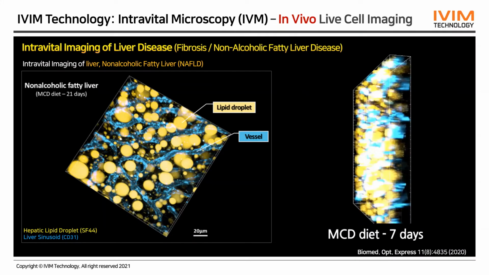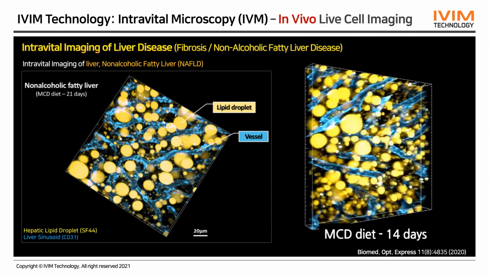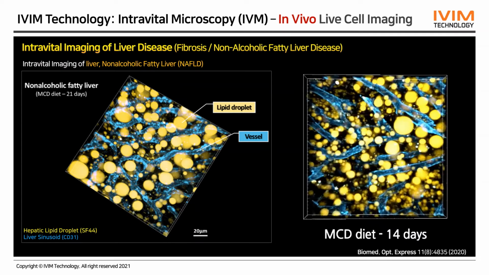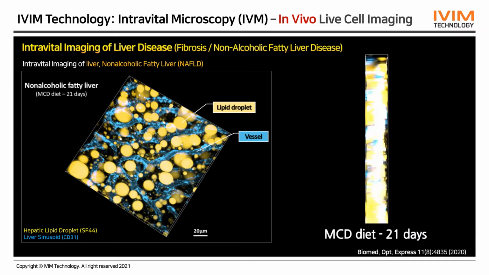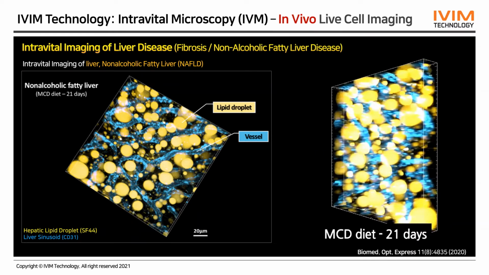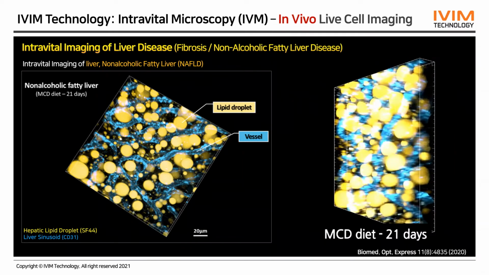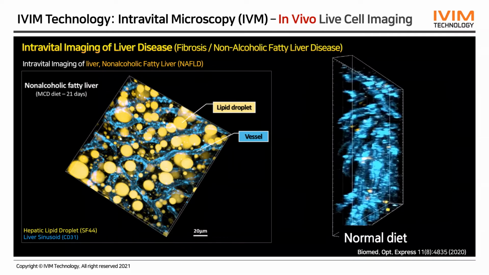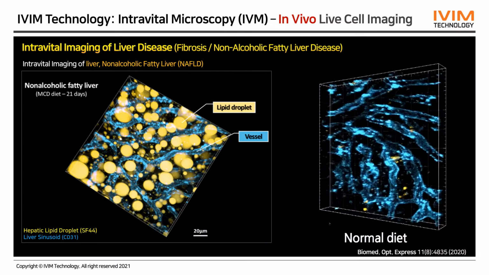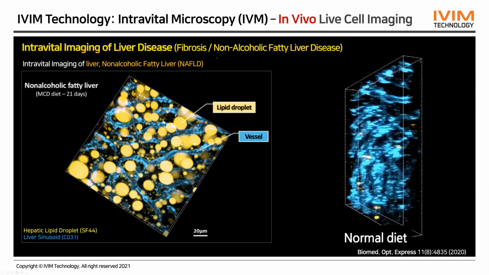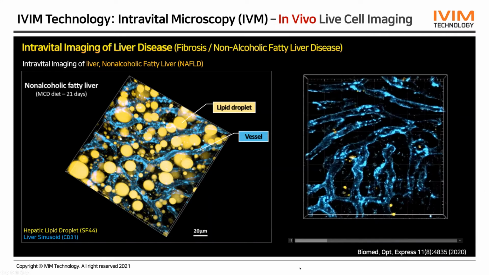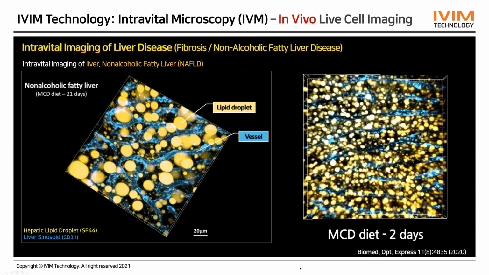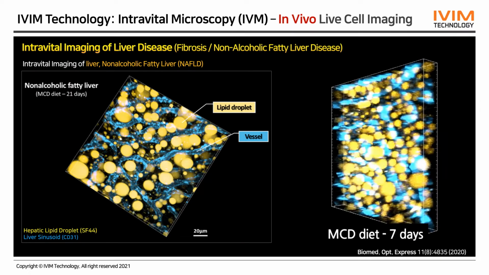So it means we can repeatedly image a single mouse model over a very long period of time, from several days to several weeks to even several months. This is one example of longitudinal imaging to see disease development in a live animal model.